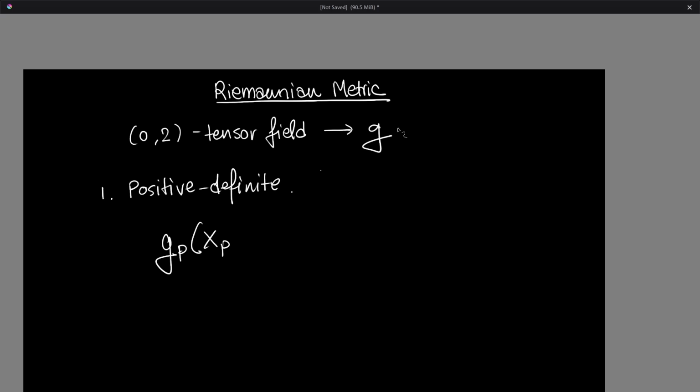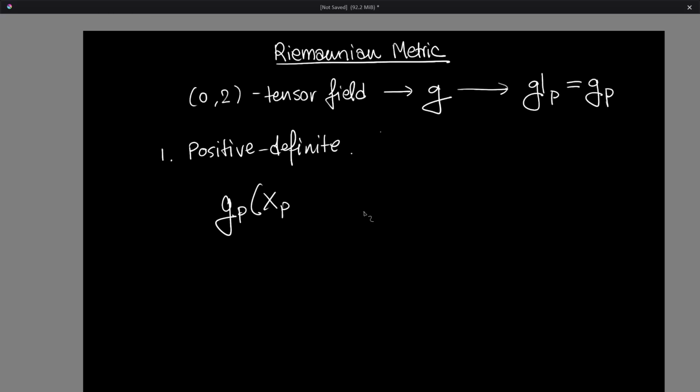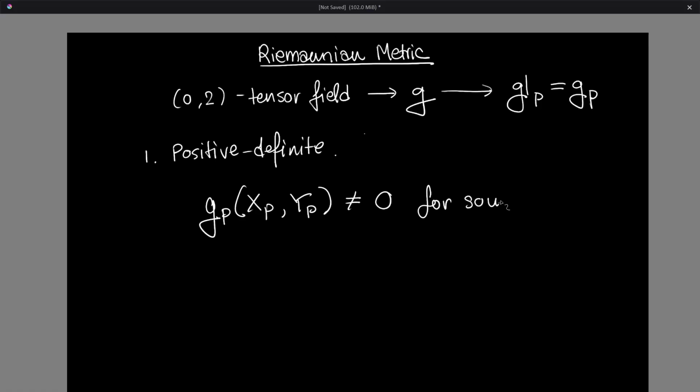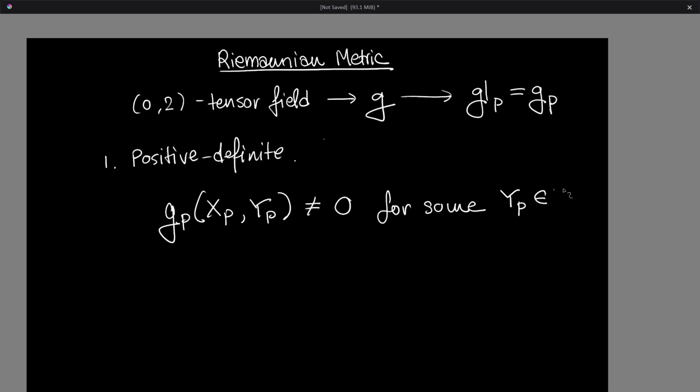So we're thinking of G restricted to P, which we're going to call G_P. So G_P is the tensor that is assigned by the smooth tensor field at the point P. So G_P of X_P, Y_P is not equal to 0 for some Y_P, an element of T_P M.